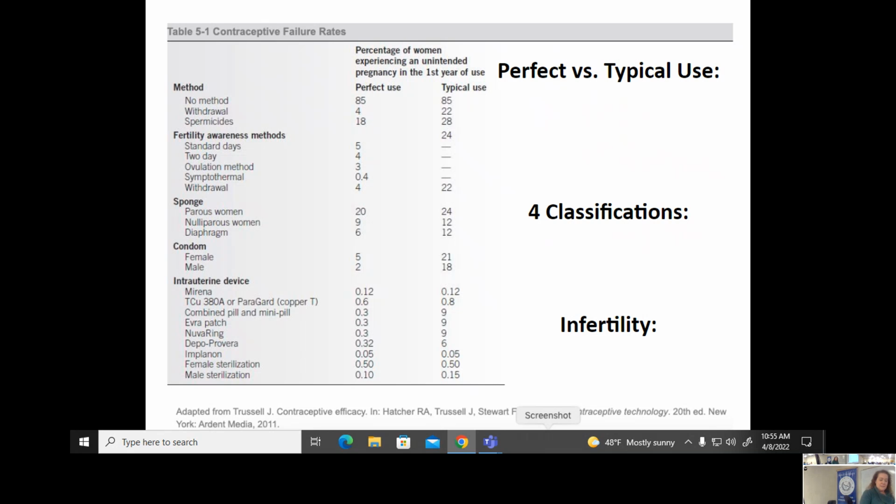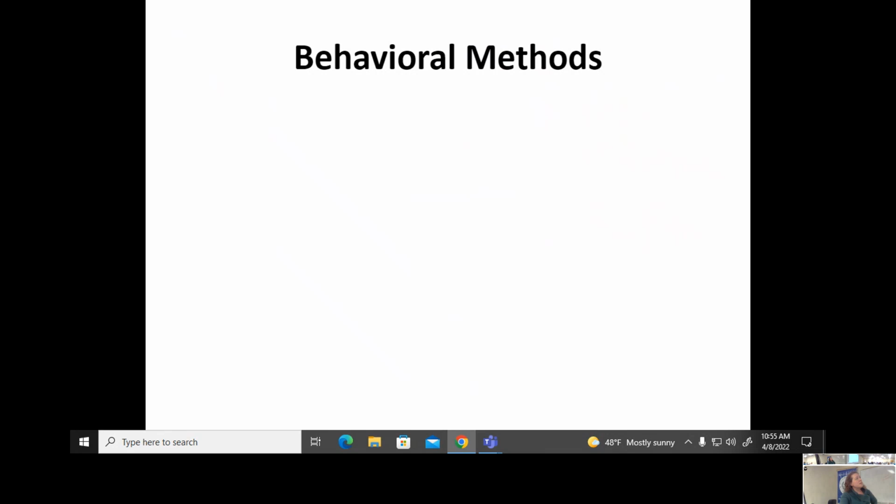So we'll look at these different categories and what are the major ones that fall into each category. So we'll start with behavioral. And there's 3. The first behavioral method to prevent pregnancy is literally abstinence all the time. And I know that if you're from around here, you've probably heard a lot about that. And it's obvious how that works. That is a behavioral method.